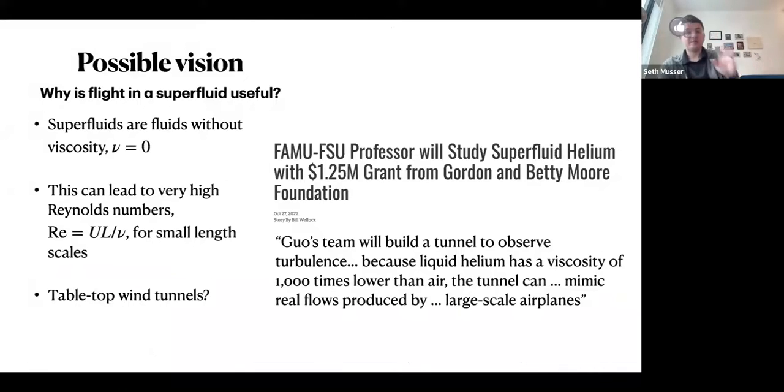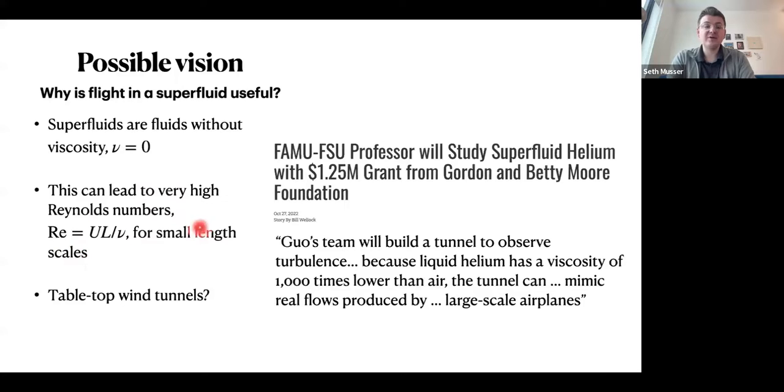Okay, so let me just provide some motivation, give a possible vision for why this might be useful. So superfluids are fluids without viscosity. In liquid helium, which has a superfluid component, that part will have zero viscosity, and the normal component will have some shear viscosity.